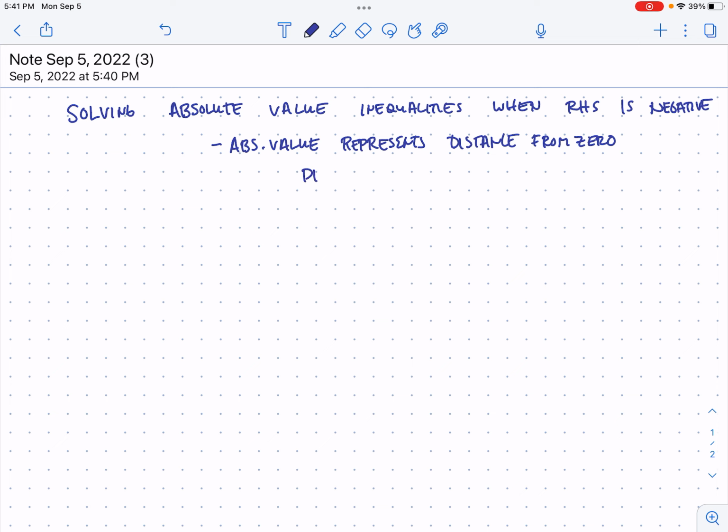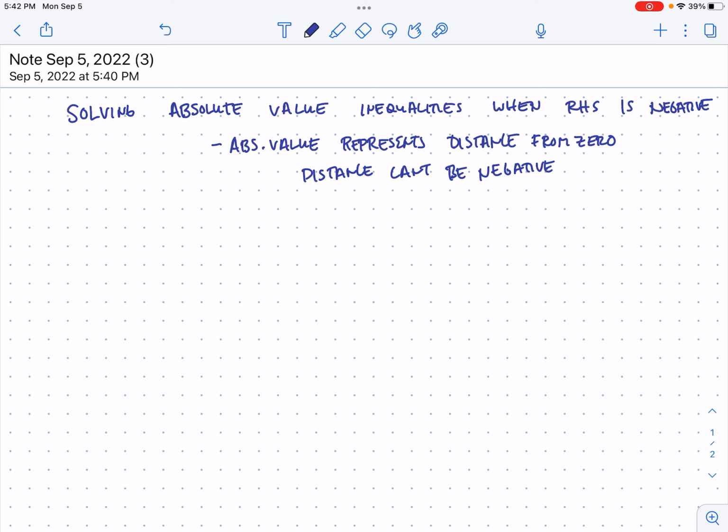Distance can't be negative. It doesn't matter which direction you're going, it is the same distance from point A to point B as it is from point B to point A. You don't talk about a negative number of miles between two cities. So distance is not a negative quantity.